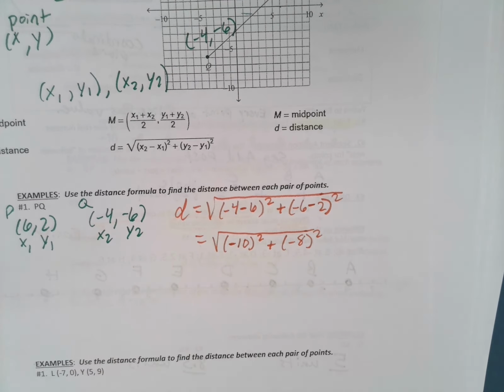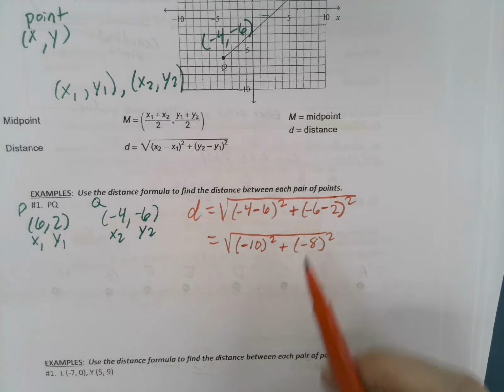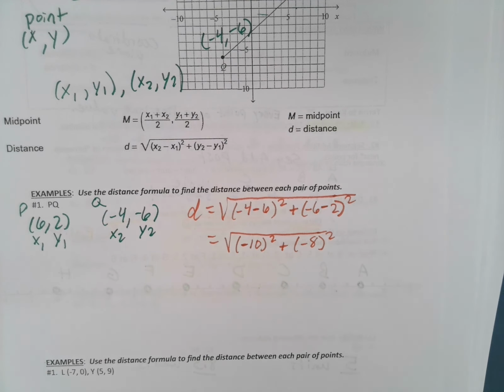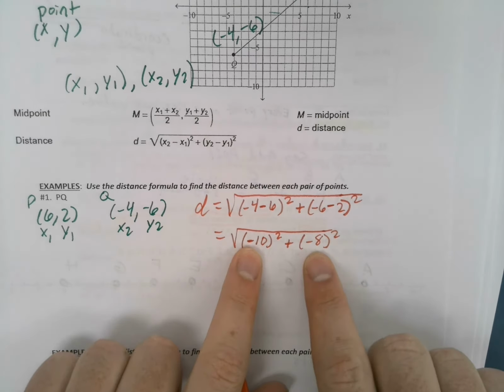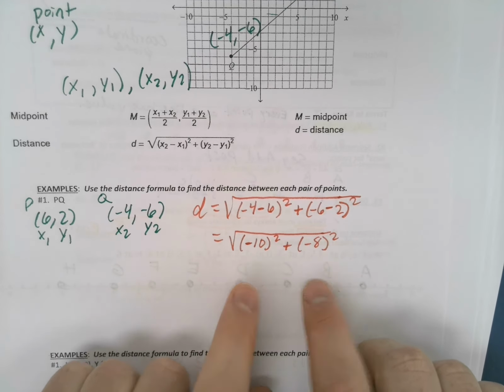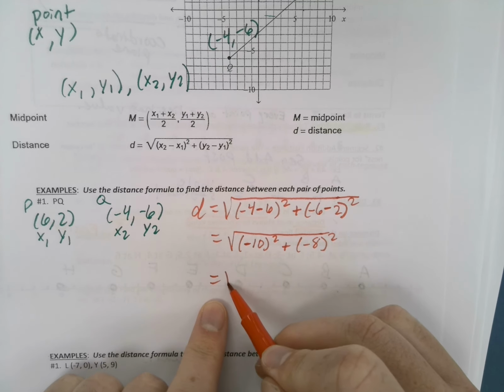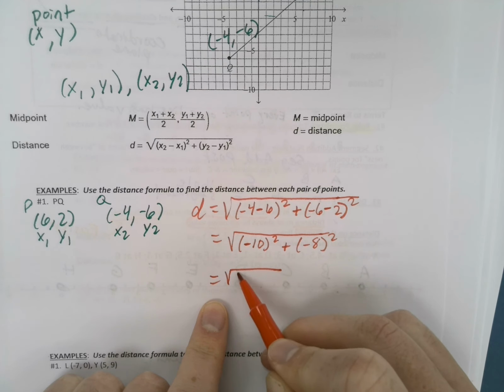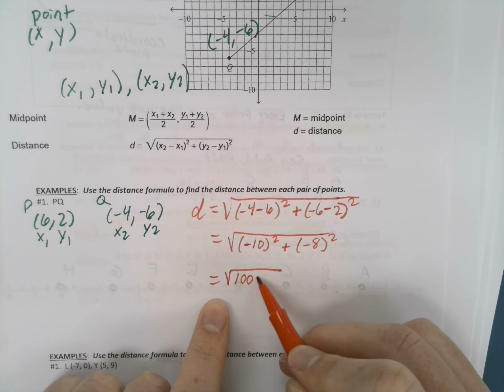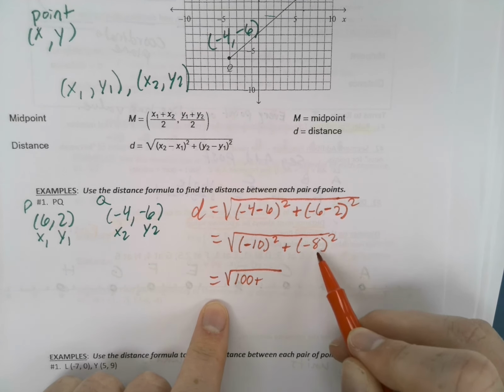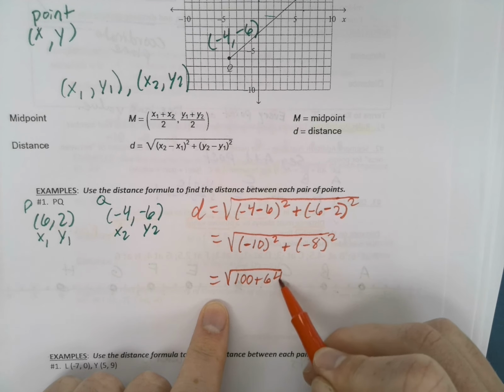And from here, remember what happens anytime you square a number. And this goes back to what we said about distance. Distance is always positive. And so whatever numbers you end up getting out of this should always be positive at this point. -10 squared, -10 times -10 is 100, plus -8 times -8 is positive 64.